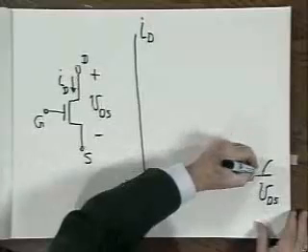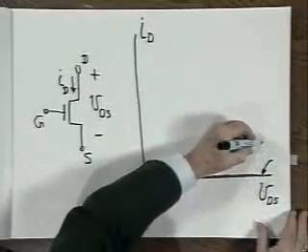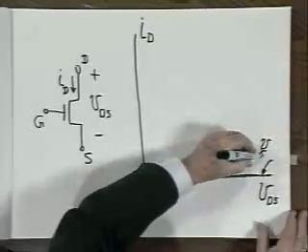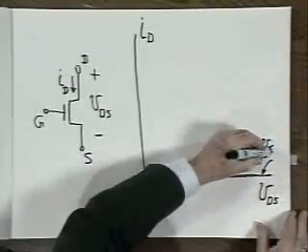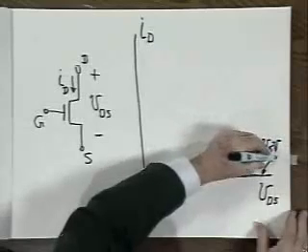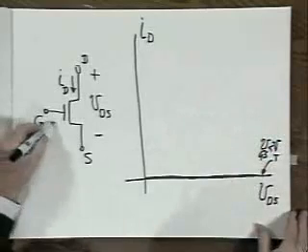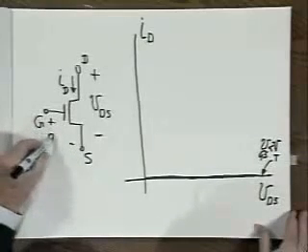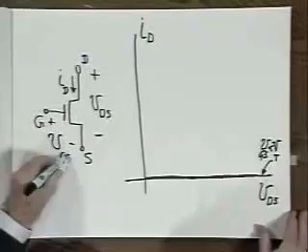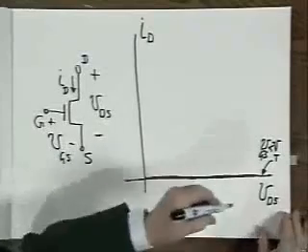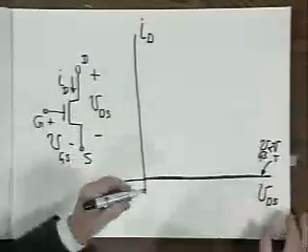which look like this. For VGS less than the threshold voltage, V sub T, there is no current flow.